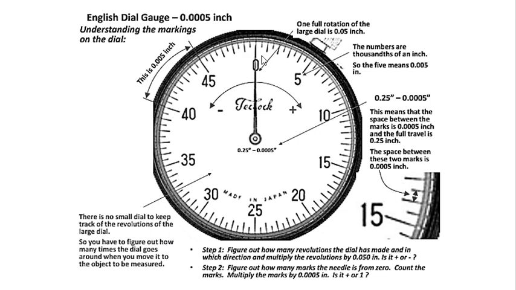Of course, this dial is capable of going about 5 rounds. So you've got to figure out how many revolutions the dial has made for the height you're measuring, and in which direction it's going, either this way or that way. Then you multiply that number of revolutions by 0.05.